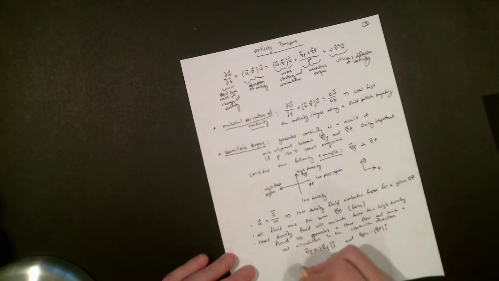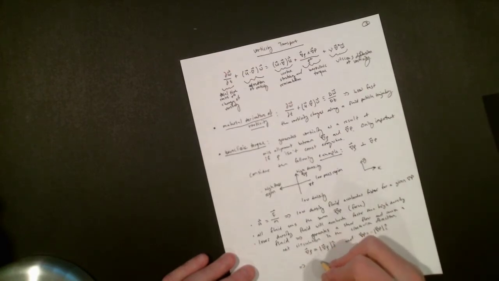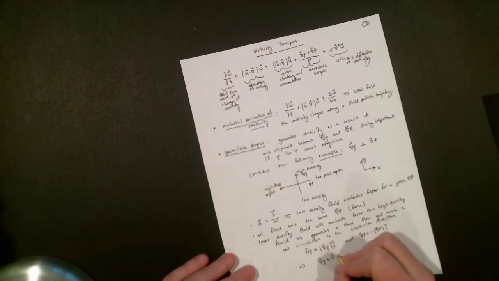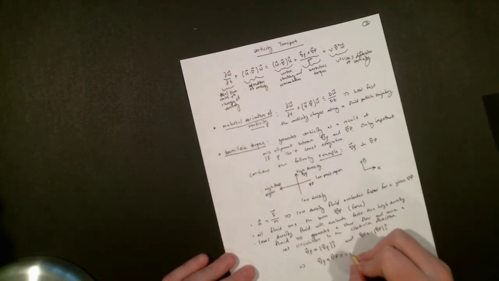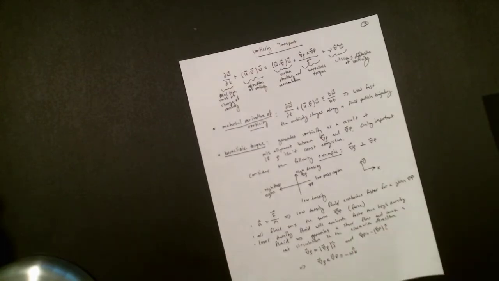So if we look at this, the cross product between the two is just going to be minus omega k. Or basically we're going to generate vorticity directed into the page from this.